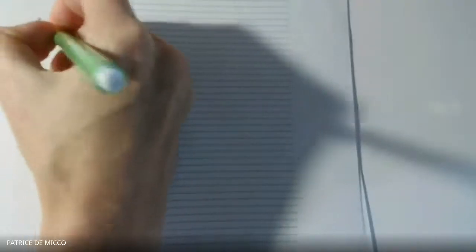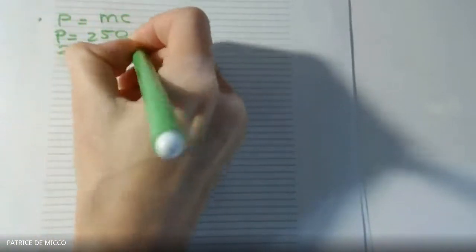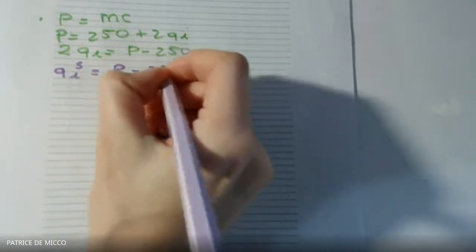So price equal 250 plus 2 times Qi. So 2Qi equal P minus 250. And so now it's very easy to get out of this the supply function, q of the single firm, that is P minus 250 divided by 2. Okay? So now I can write what the supply curve of the single competitive firm is.